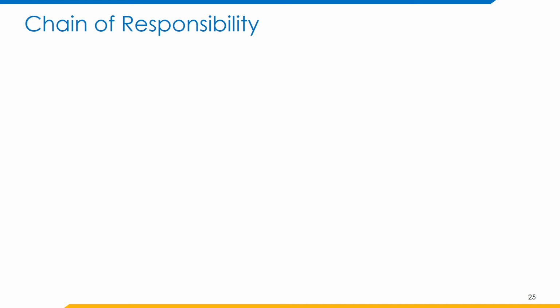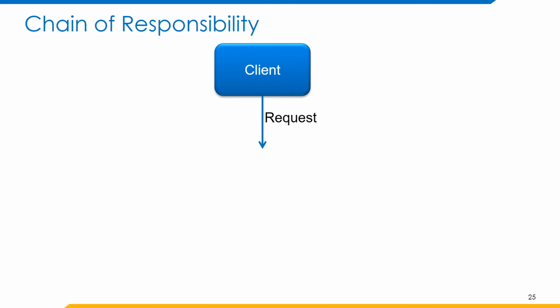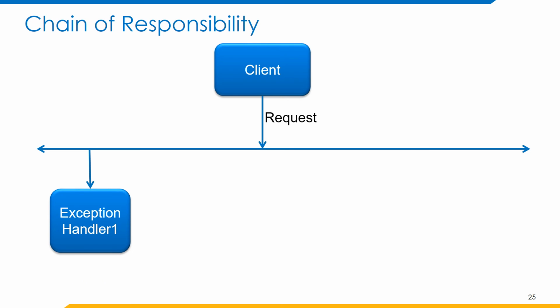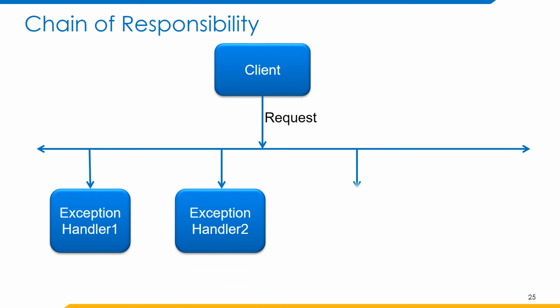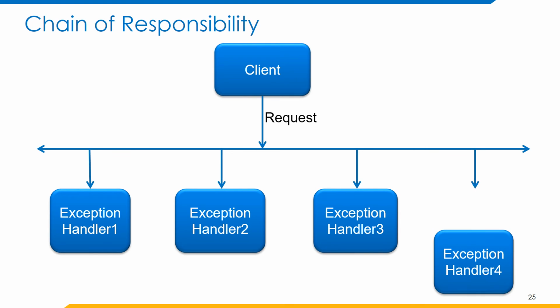In that case, we will use this design pattern and throw all the exceptions which are possible, and whenever the exception occurs, the desired exception will catch that request and handle it. Like a client requests handler 1, handler 2, handler 3, handler 4.